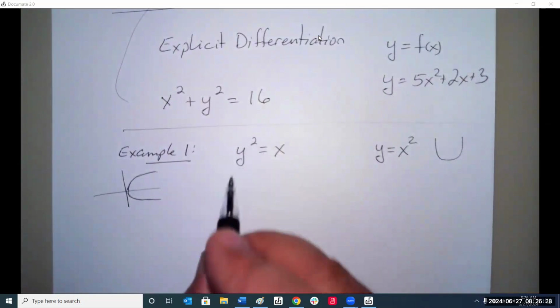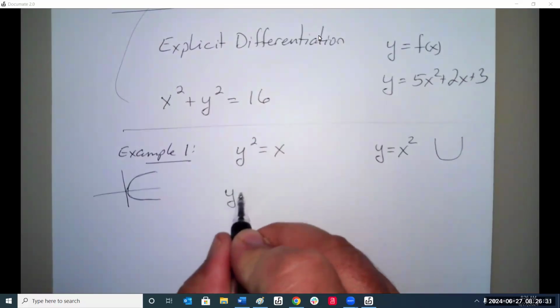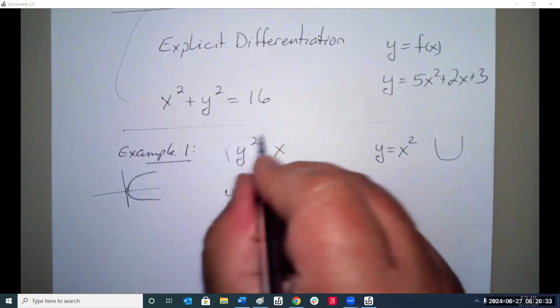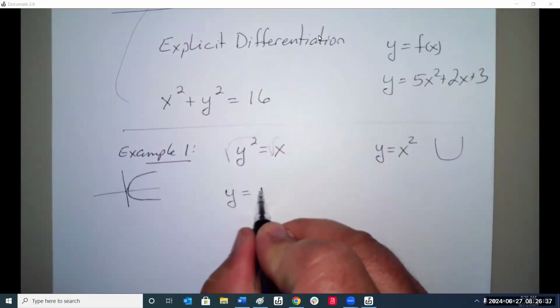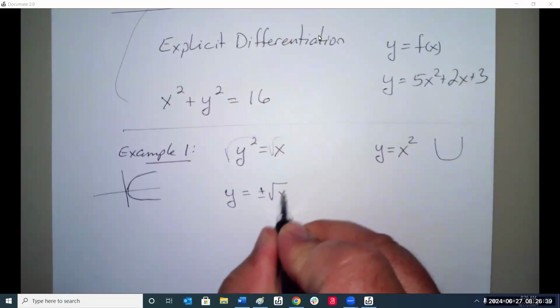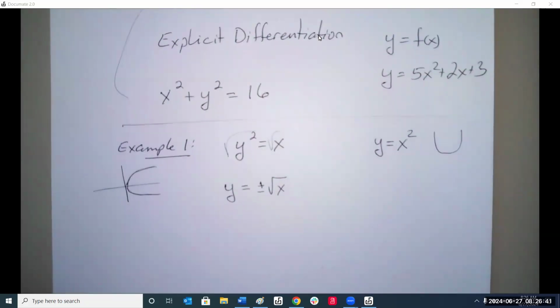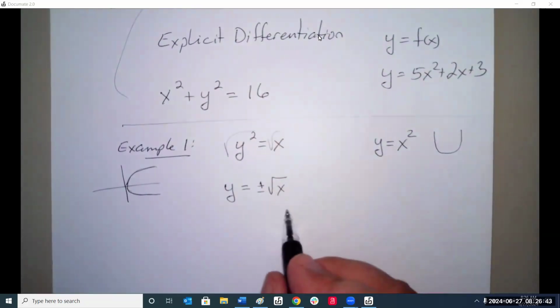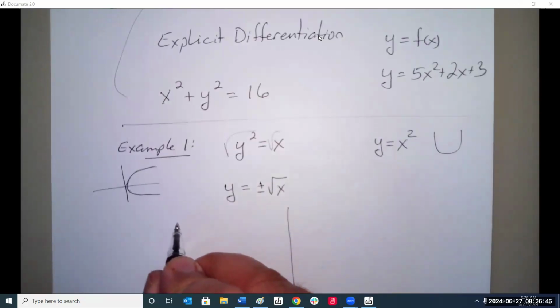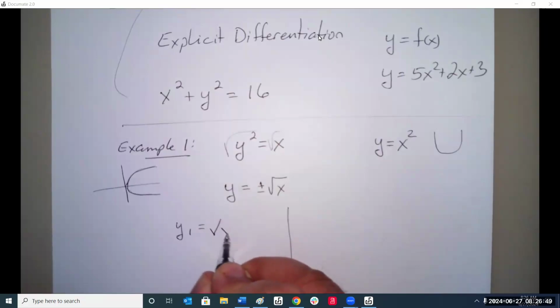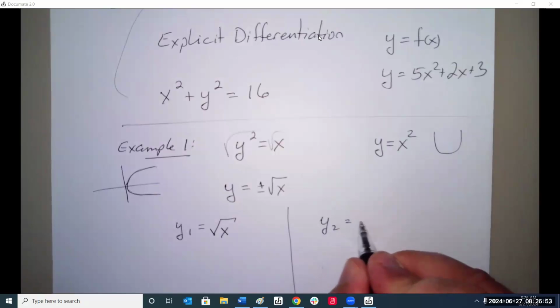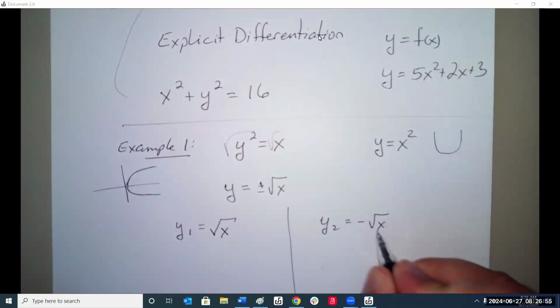If we square root both sides, that cancels the 2, then we get plus or minus square root of x, which means we have two answers. We have y1 equals the positive square root of x, and then y2 is the negative square root of x.